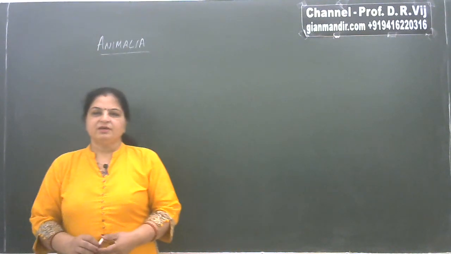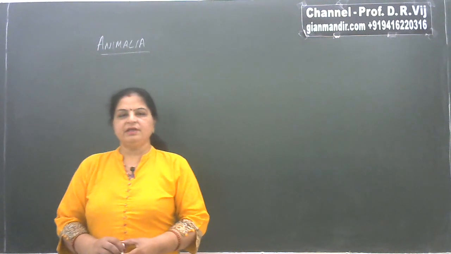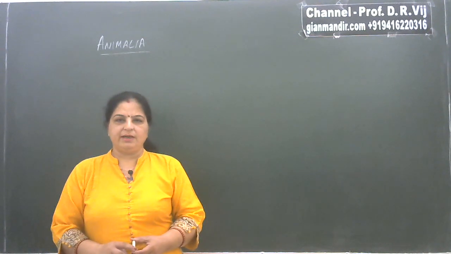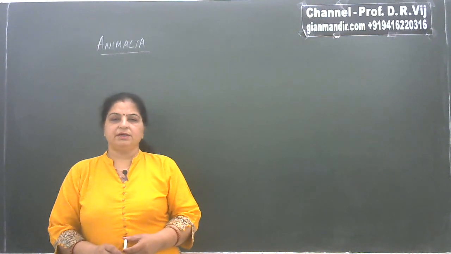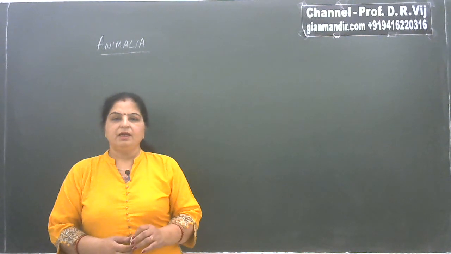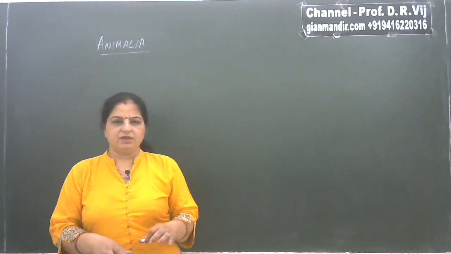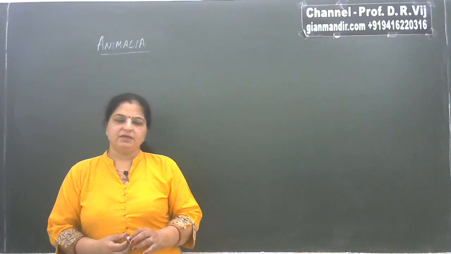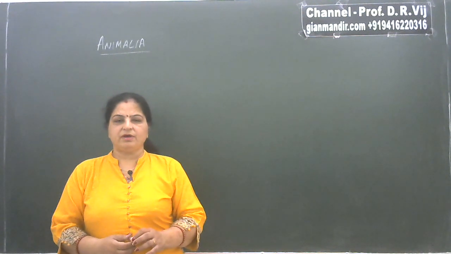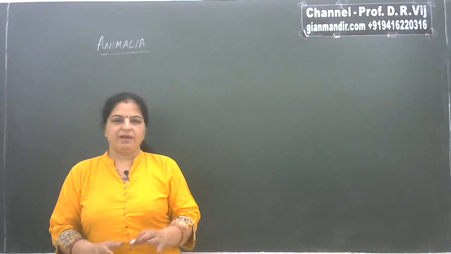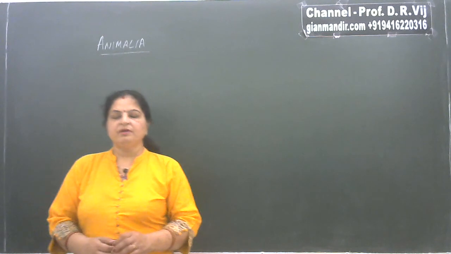Hello dear students. So in today's lecture we will discuss further classification of kingdom Animalia. If you think about all the 5 kingdoms as suggested by Robert Whittaker, out of all these kingdoms, Animalia is quite a big kingdom as it contains all types of organisms, starting from the simplest unicellular to complex multicellular organisms.